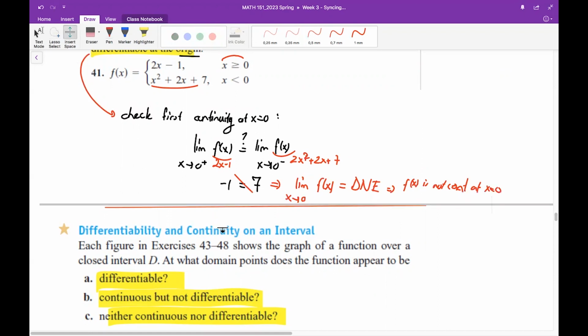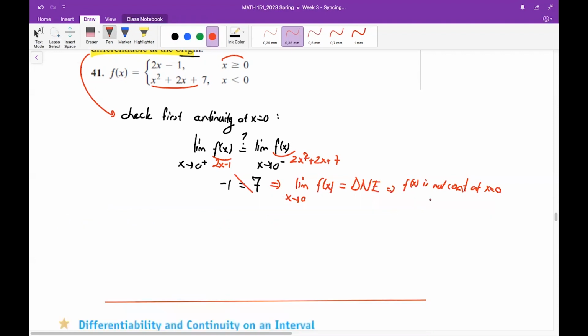If your function is not continuous, what do you conclude about differentiability? If not continuous, then automatically not differentiable. Don't forget this. This is a theorem. If your function fails to be continuous, then you can directly conclude that your function is not differentiable at x equals 0, okay?